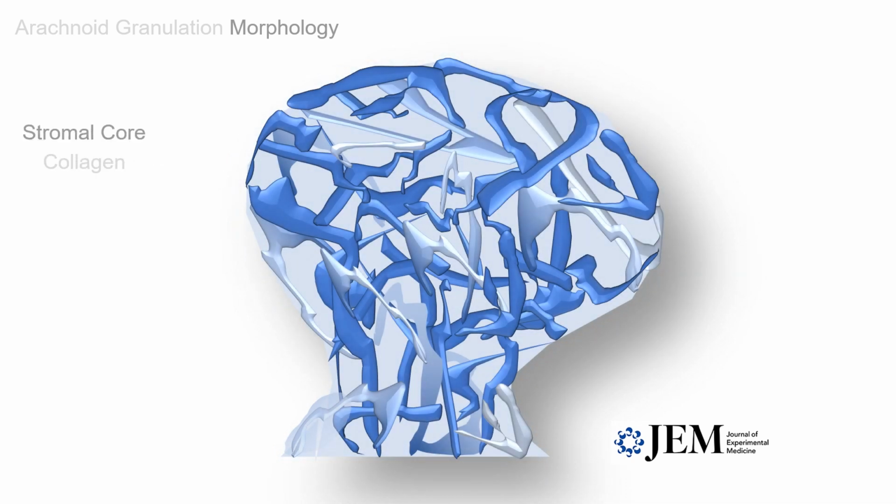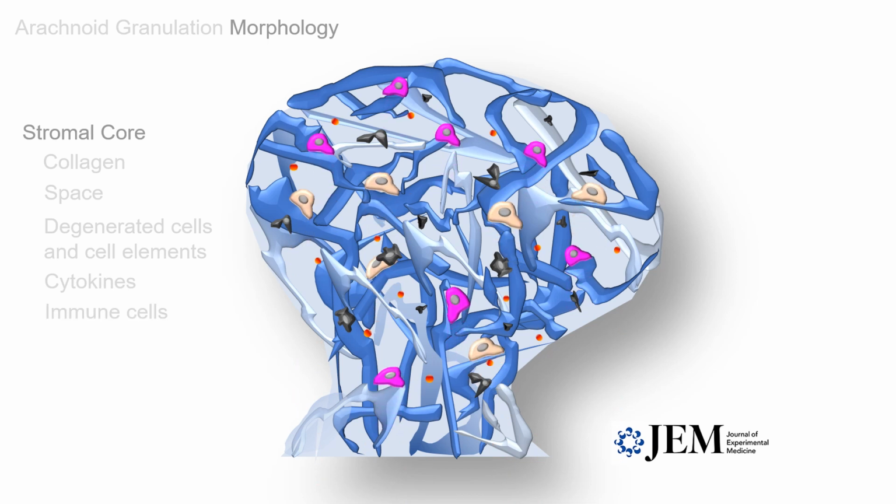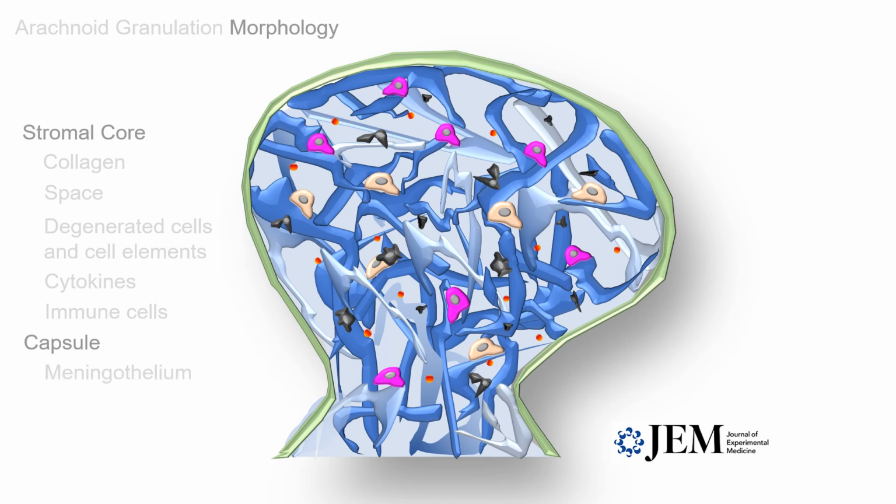This internal core contained cavernous spaces that were populated by degenerated cells, degenerated cell elements, cytokines, and immune cells. Immunohistochemistry also showed that the granulation capsule was composed primarily by meningothelium. On high-resolution imaging, we identified perforations of the meningothelial capsule by variable caliber fissures, sinuses, and crypts.